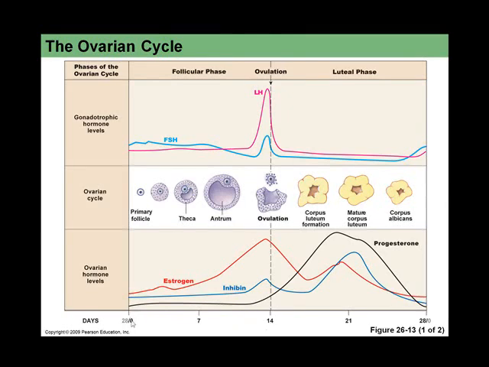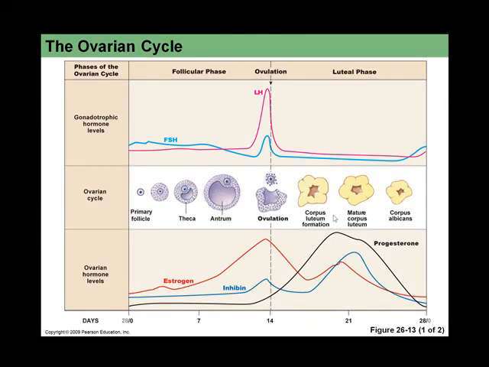So if you started at day 0, the first day of the appearance of menses from the vagina, then it would be 16 days to ovulation, and still 14 days for the survival, an additional 14 days for the survival of the corpus luteum.